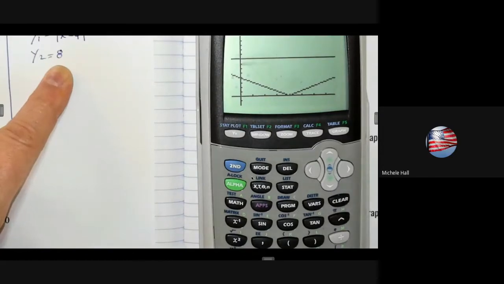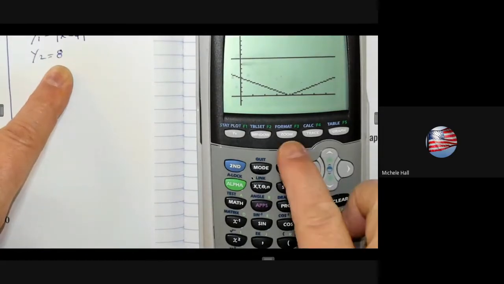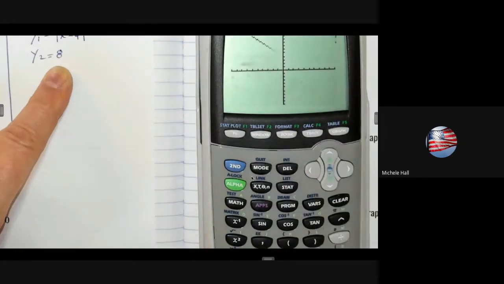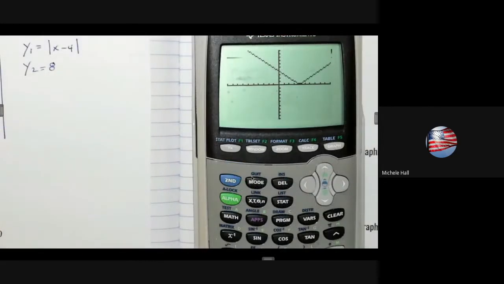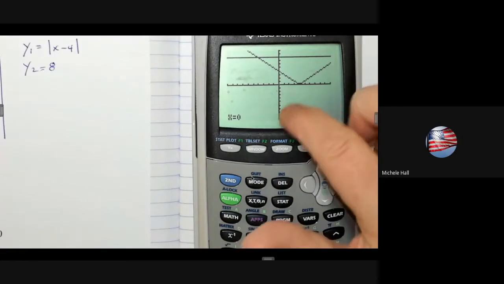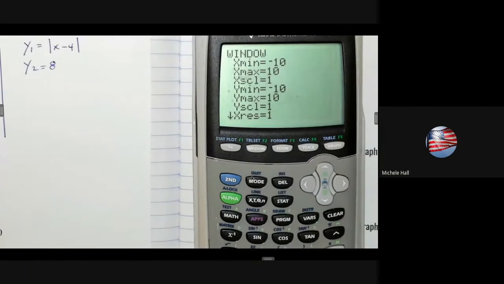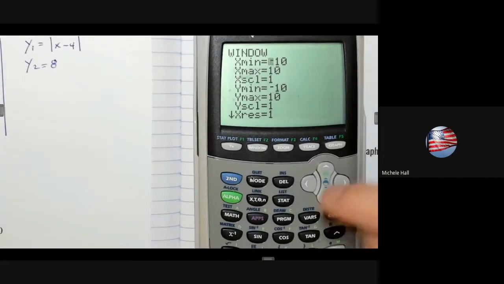My graph is messed up, so I'm going to go to zoom. Number 6 is a standard 10 by 10. I'm going to start from here to see if I can see everything that I need, and I can't. I want to shift the graph over so that I can see the right-hand side more, and I don't need to see all of the minimums on the y value. Window. My x minimum is set at negative 10. I want to reset my maximum.